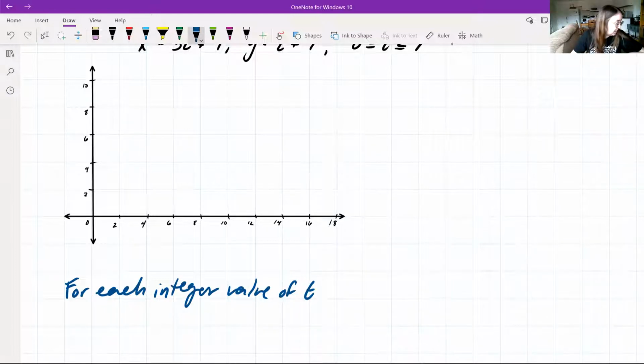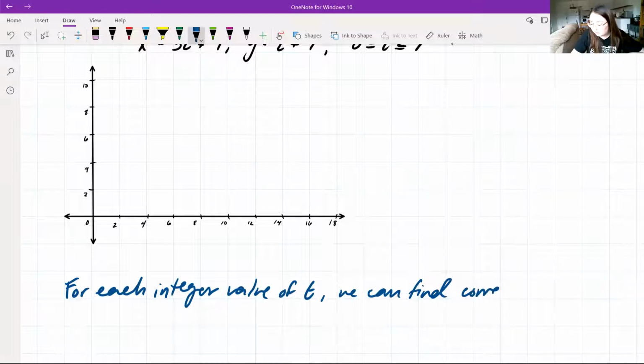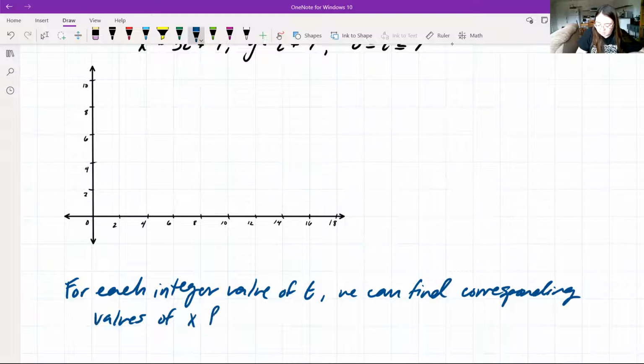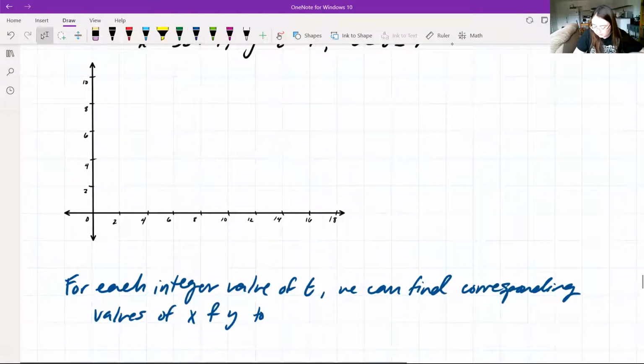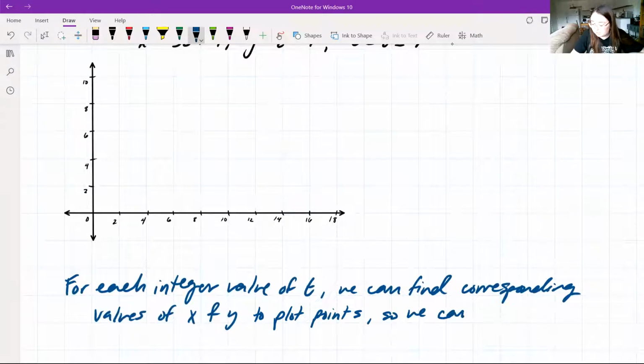For each integer value of t, we can find corresponding values of x and y to plot points, so we can make a chart.